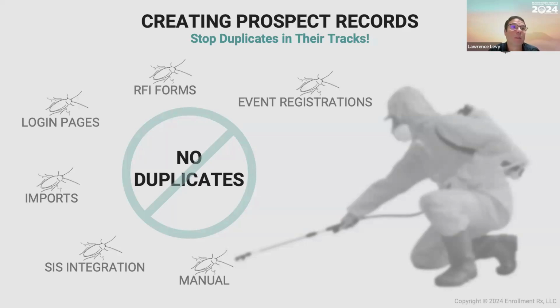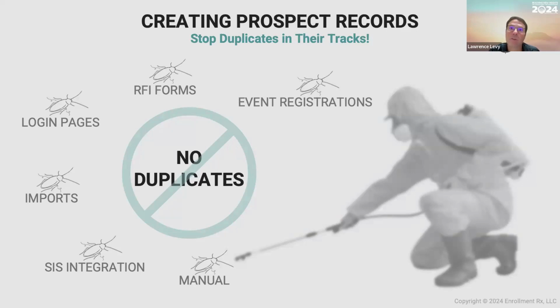Or they may go to the login page of the application and register to begin an application. Or, as it pertains to imports, maybe they filled out some centralized application like the Common Application, and they indicated that our institution was a school they wanted to apply to through the Common App. When we purchased that list and imported that information into our system, we created a record for that prospect. So those are 4 examples of how a prospect record may be created in the system.